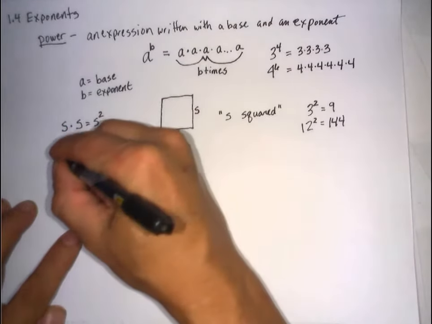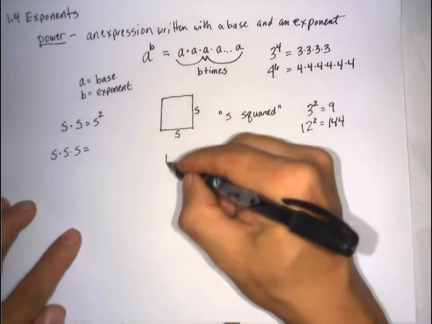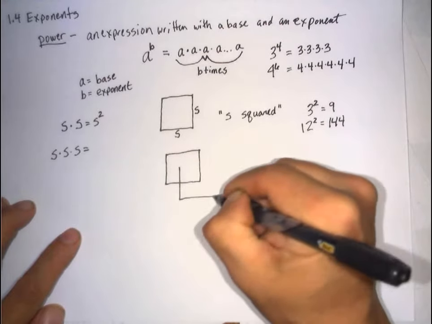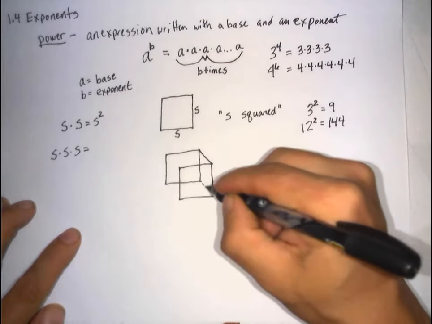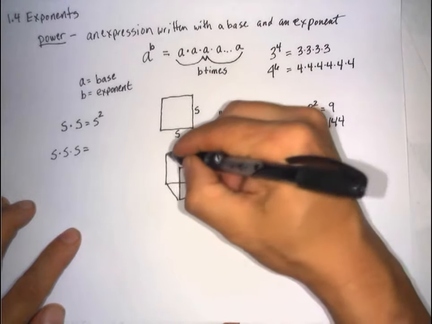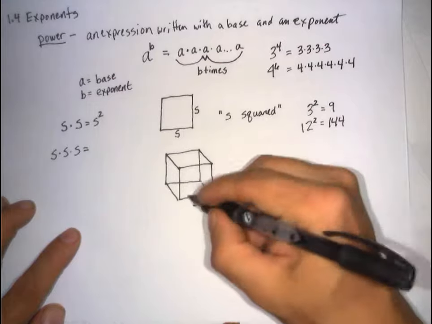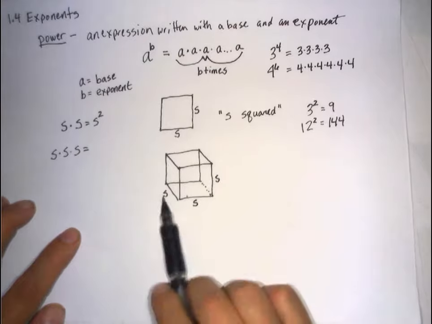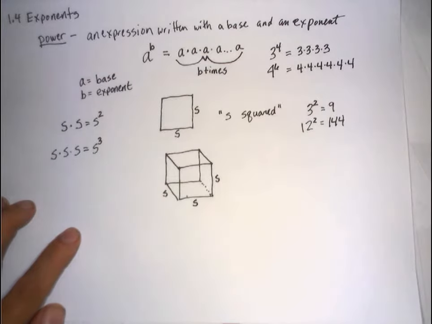Now, similarly, there's one for cube, because cube can be represented geometrically as well. So let me draw a cube. Your lecturer is not Picasso, so please bear with these crude drawings here. So if I want to know how many cubes are in this cube, if there's s sides going this way, s sides going up, and s sides deep, I multiply s times s times s and get s cubed. So if something is cubed, it's multiplied by itself 3 times.